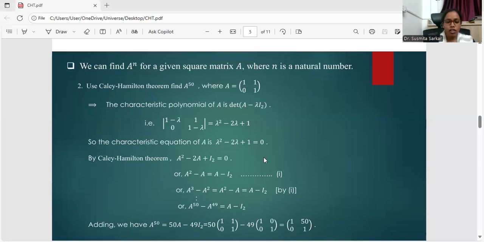And adding all the above results, we get A to the power 50 is equal to 50A minus 49 I2. Now putting the values of A and I2, we get A to the power 50 is equal to the 2 by 2 matrix [1, 50; 0, 1].